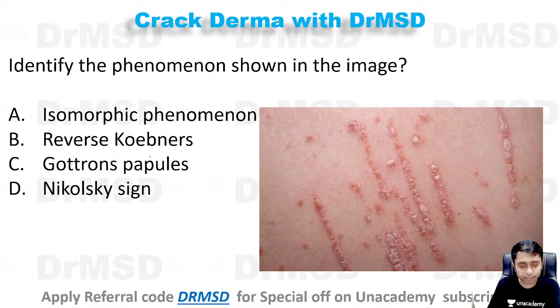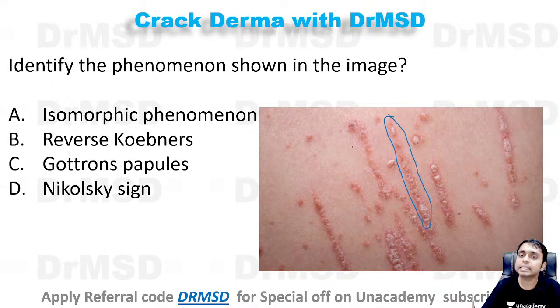Yes, okay. So there are some students who are giving some other answers. Okay, so reverse Kobner's and Gauter's papules. Very good, Sharadraj Pillai and Pratibha, you have answered it right. Krishna Mohan, yes. If you observe the characteristic feature of these lesions, all of them are in a linear fashion.